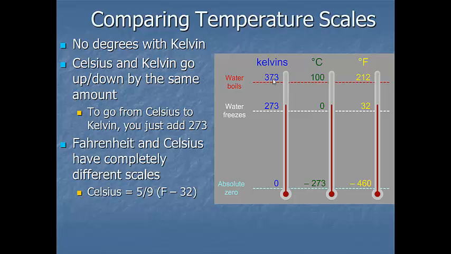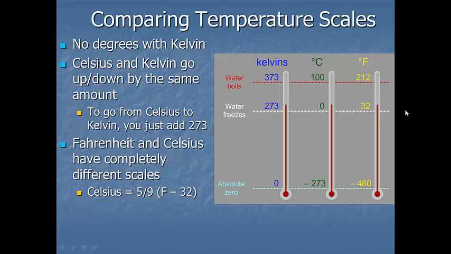Now, Fahrenheit and Celsius have completely different scales. For example, on the Fahrenheit scale, 32 to 212 is 180. But that's only 100 on the Celsius scale.